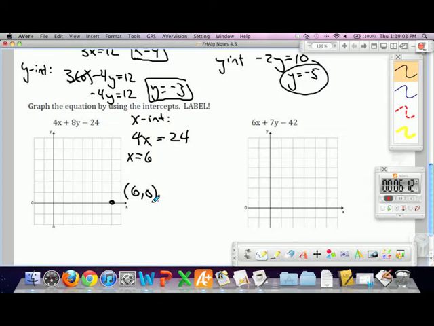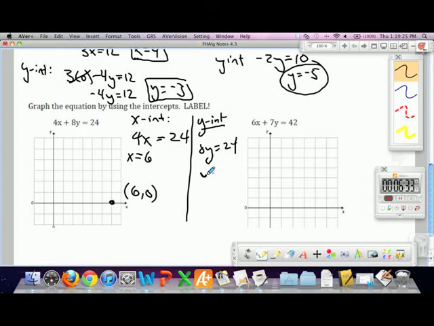Okay. So do the same thing for the y-axis. The y-intercept. That's when x is 0. So there's only y's, or 8y equals 24. Y has got to be 3.